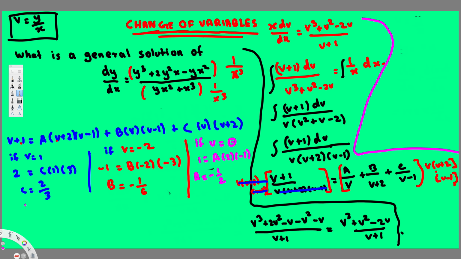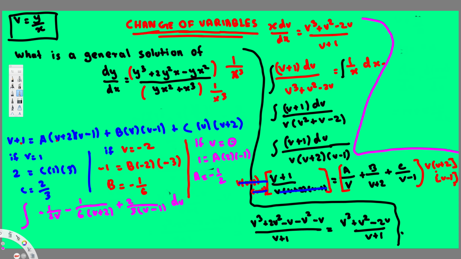Now let's do the integration. a is negative half, so this is going to be negative 1 over 2v, and b is negative 1 over 6, so this is going to be minus 1 over 6 times v plus 2, and then we are going to have c, that is 2 over 3 times v minus 1, and we are going to integrate in terms of dv.